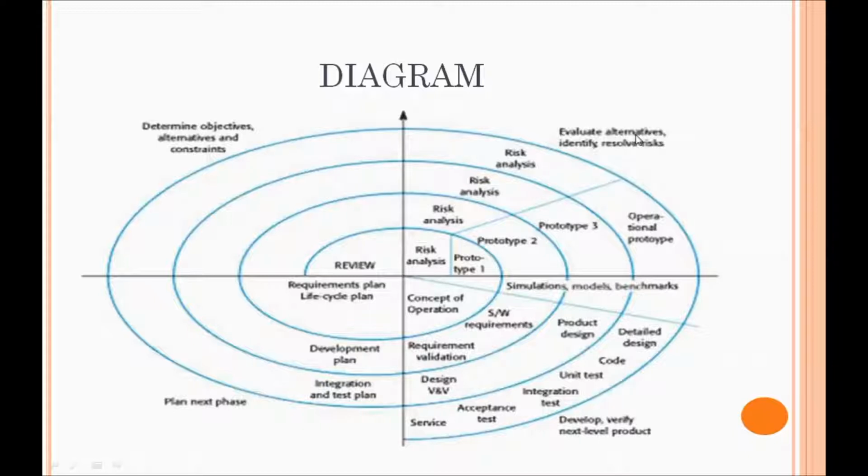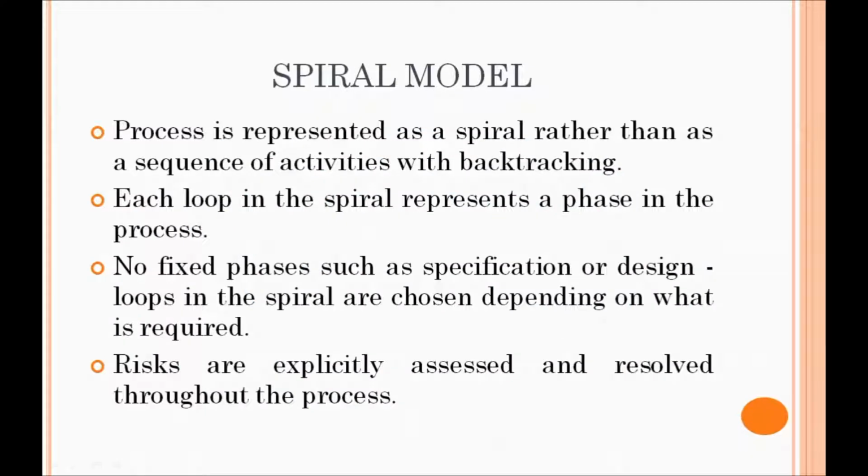Next, evaluate alternatives is the same as analysis. Develop is the same as implementation. Verify is the same as testing. Only the technical words will change, that's all. The actual meaning of the phase remains the same. So the phases in the waterfall model and the spiral model remain the same. Getting, guys?